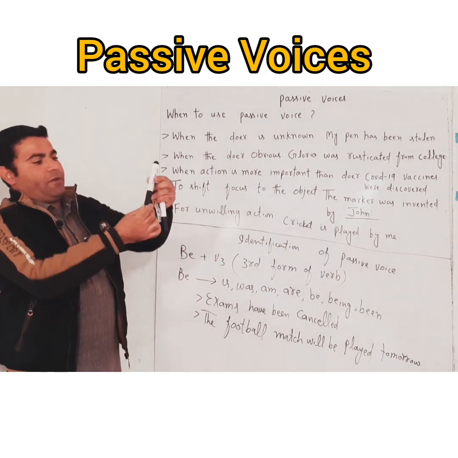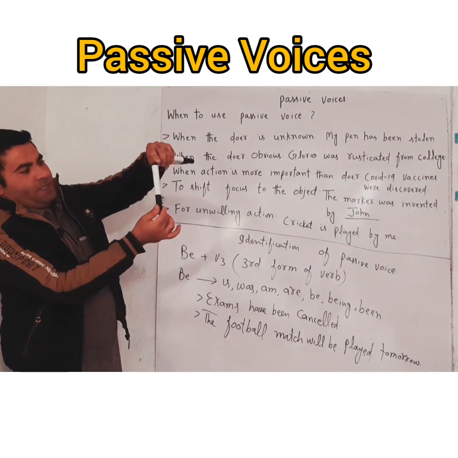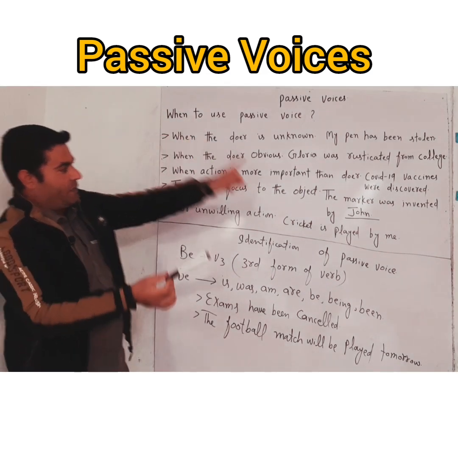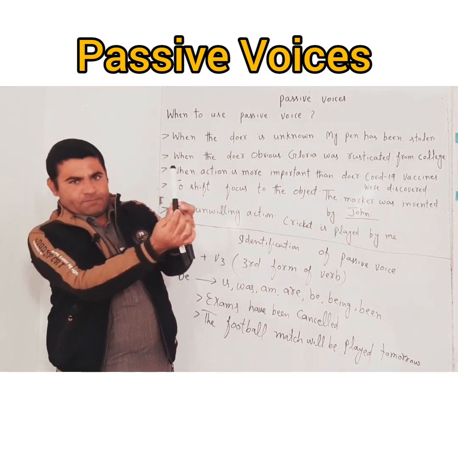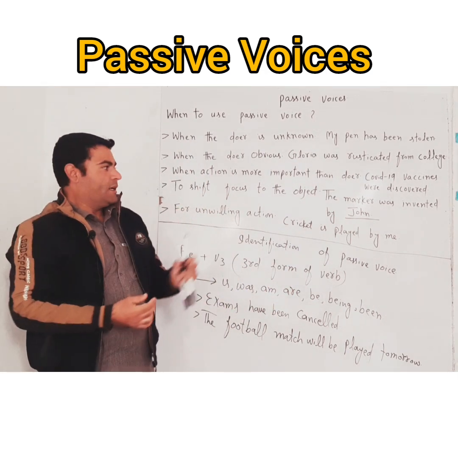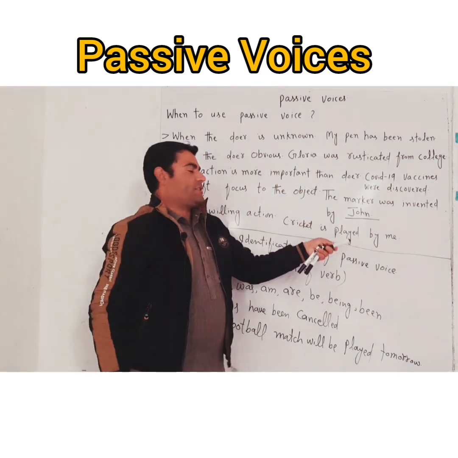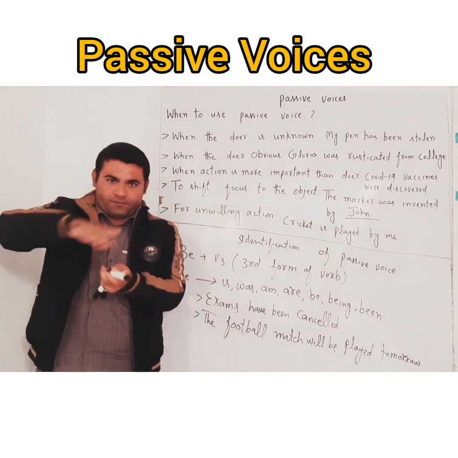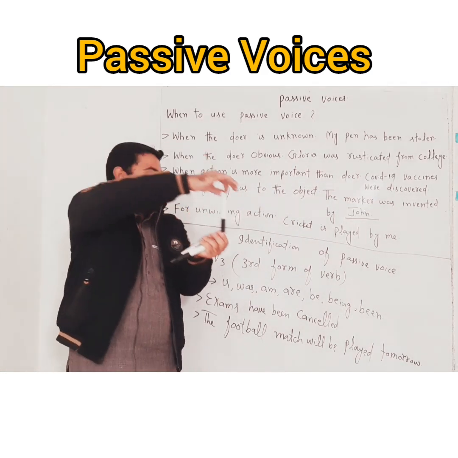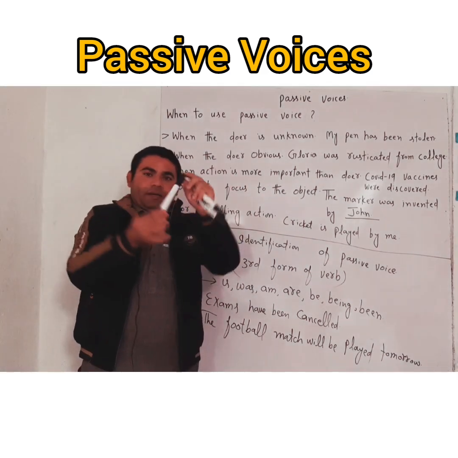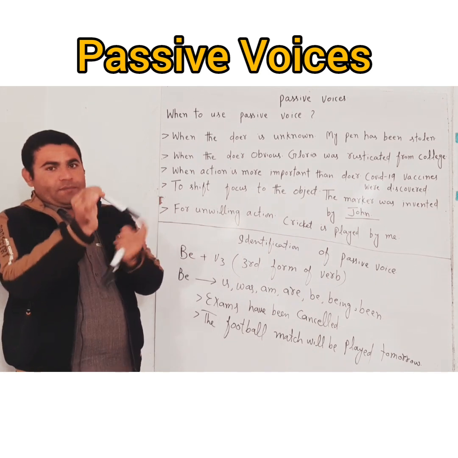I should stick to the object. I should talk about the marker. The marker was invented by John, because my topic was the marker. If I say John invented this marker, I move away from my topic. But if I say the marker was invented by John, then my topic is the marker and I am talking about the marker.